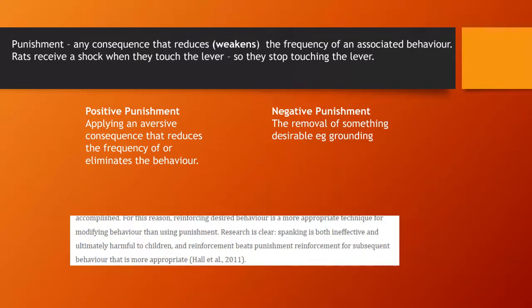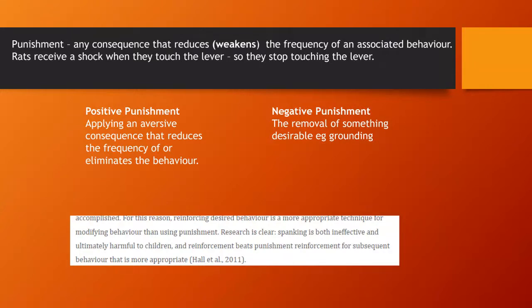Negative reinforcement, we're taking away something negative so the behavior will increase. Whereas punishment is about associating something negative with that behavior. We want to reduce the behavior. So if the rats got a shock when they touched the lever, they'd stop touching the lever. Okay, that's what punishment is.